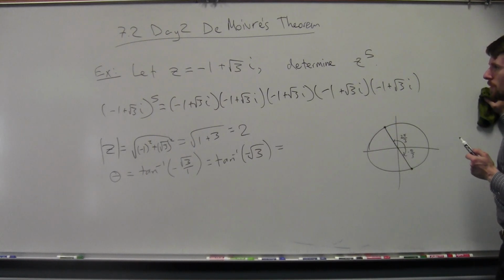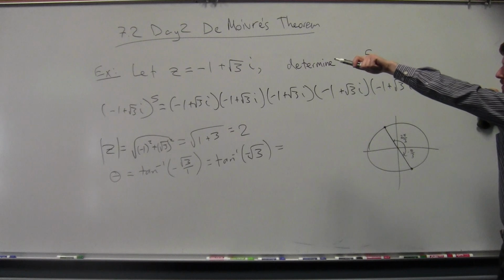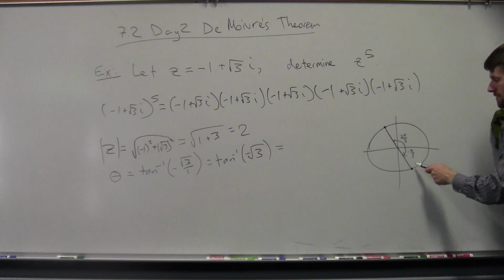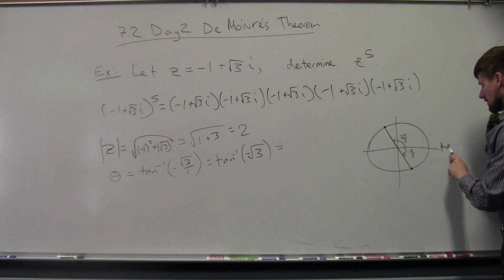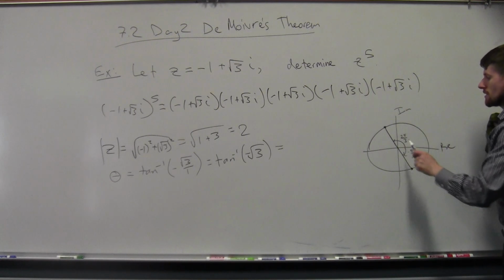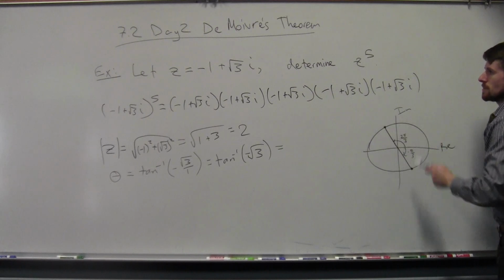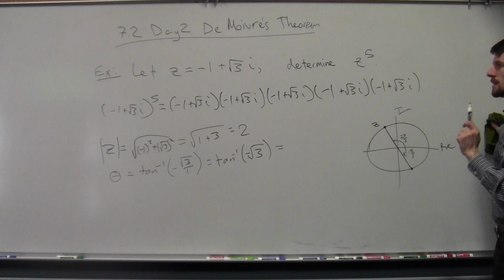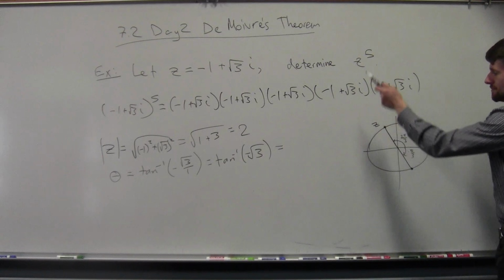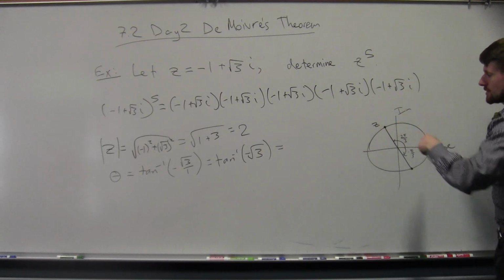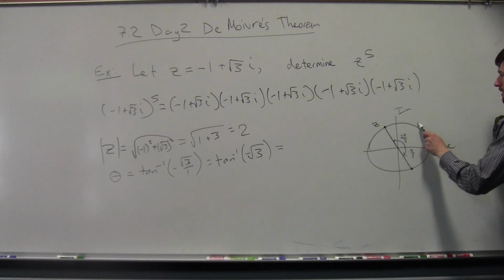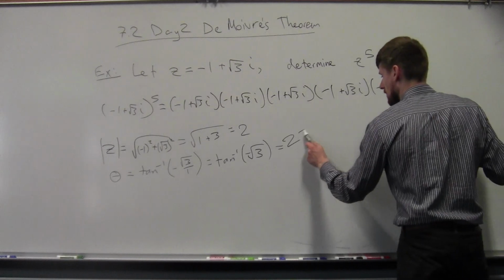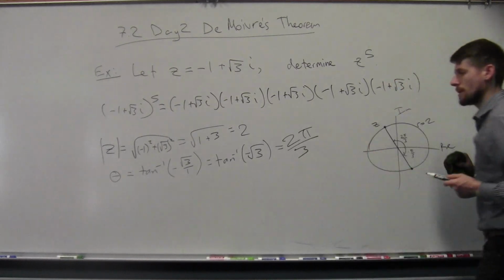Let's figure out which one we want. I have a negative real part and a positive imaginary part. This one's positive real, negative imaginary. This one's negative real, positive imaginary. This is the one I want, this point right here. That's z, on the circle of radius 2. So it would be r equals 2. That's where z is hanging out. So this angle is 2 pi over 3.